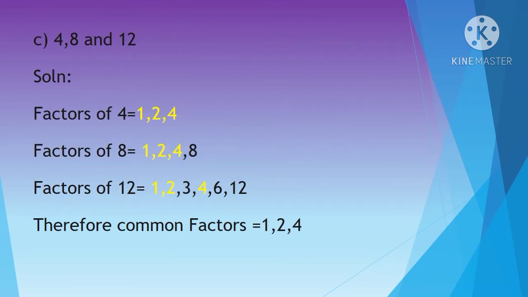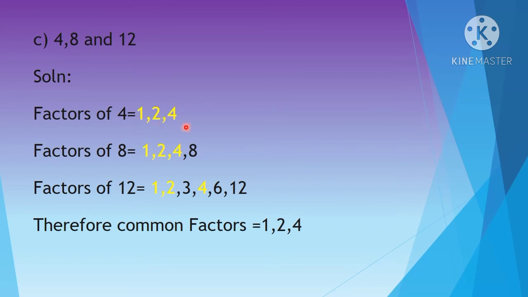The next problem, you want to find the factors for three numbers. So what are the numbers children? 4, 8 and 12. Now write down the factors of 4. So 1 and 4 are the factors.